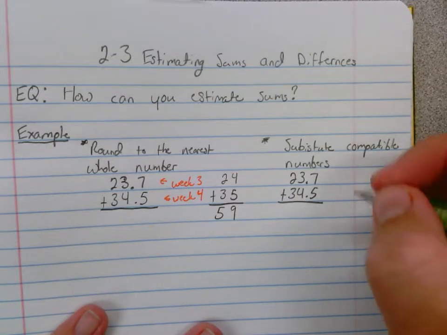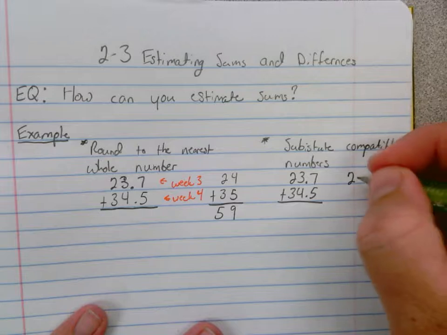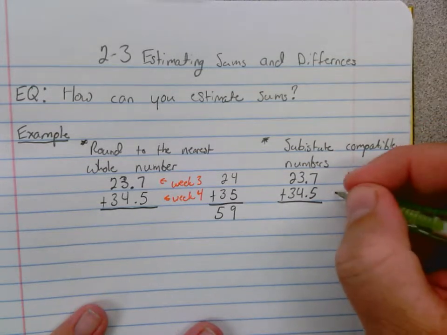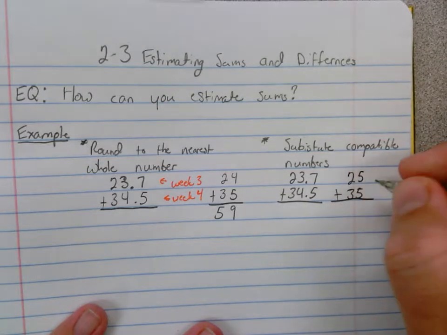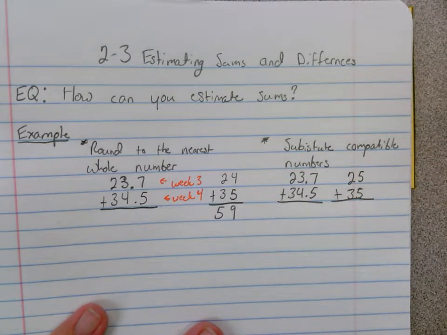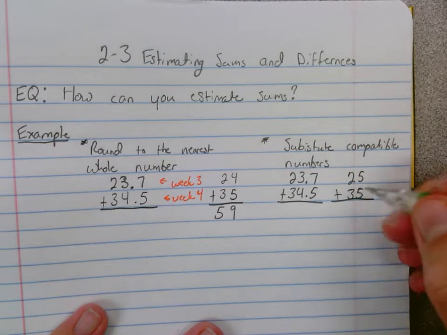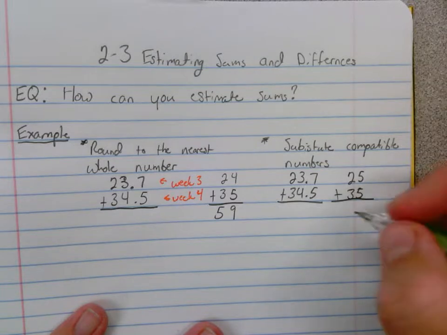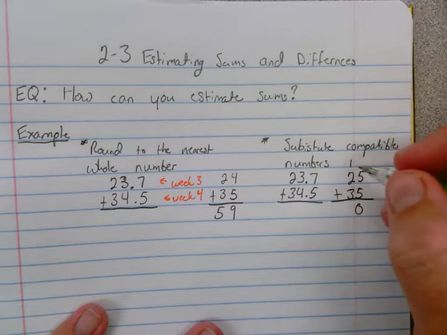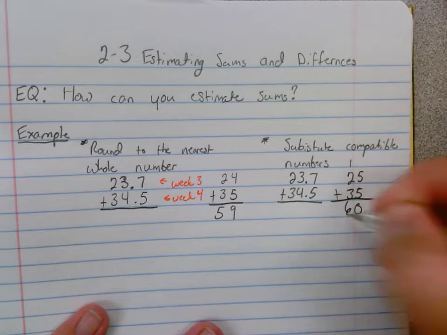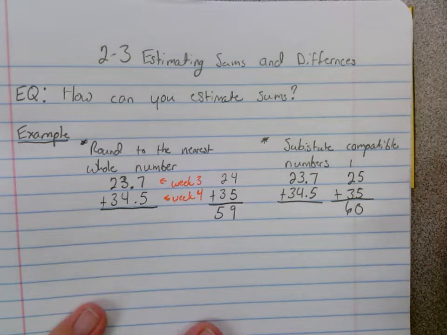Well, two numbers I came up with were 25 and 35. So now I need to add them together. 5 plus 5 is 10. Carry the 1. 2 plus 3 is 5, plus 1 is 6. So my estimate is 60 if I use compatible numbers.